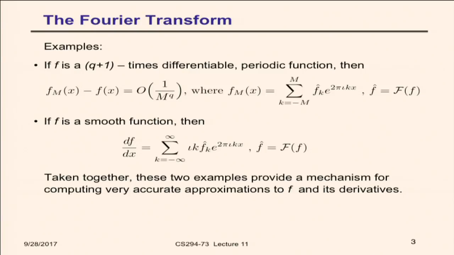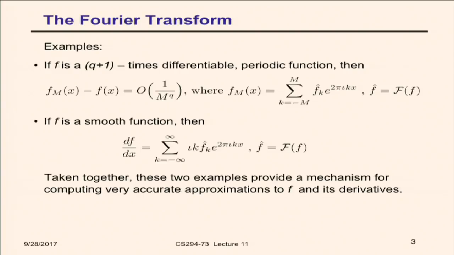So here's some of the things you can get out of Fourier transforms. If f is a q plus 1 times differentiable periodic function, then you take the Fourier expansion and truncate it up to minus m to m terms. That's a finite truncation, and the error that you make, if you compare it to the original function, is order 1 over m to the q, where q is how many derivatives you have.